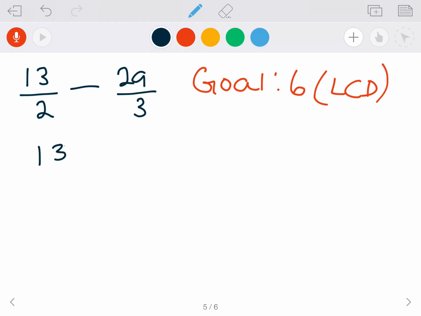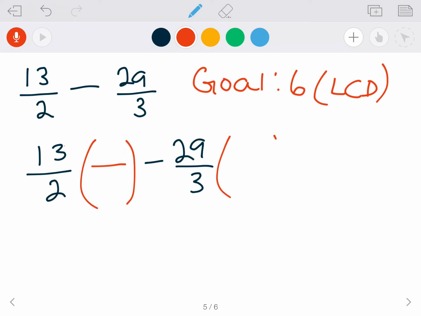All right, so we have 13 over 2, I'll leave some space, minus 29 over 3. And we know we're going to multiply these by something. So 2 will be multiplied by 3 because 2 times 3 is 6.